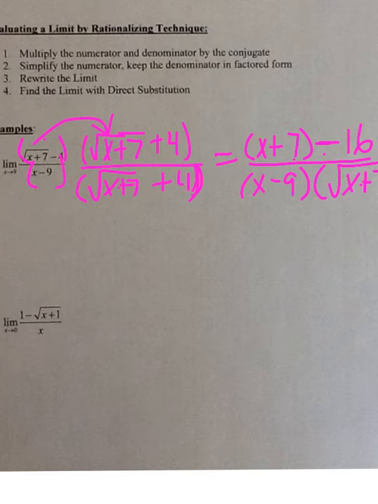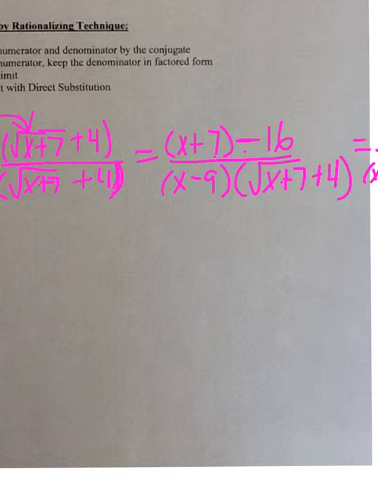Sorry, I ran out of room here. And then notice what happens here is that the x minus 9 and x minus 9 reduce to 1 and 1. So then I have here 1 over the square root of x plus 7 plus 4.